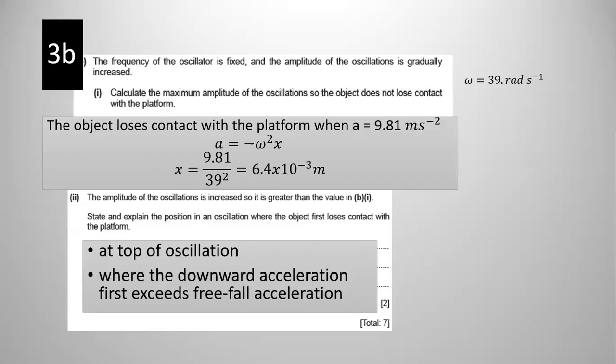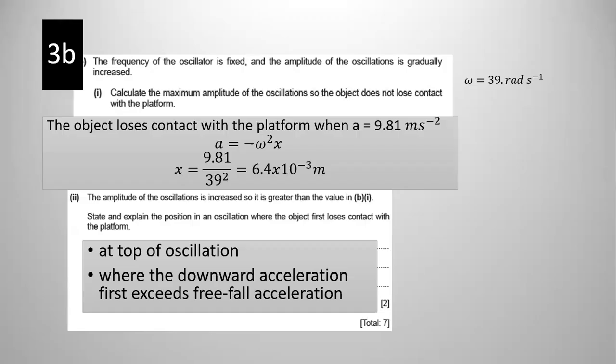I don't know why they say at the top, the bottom also can. The object cannot catch up, that's the reason. The acceleration of the platform is greater, so it is moving faster than the object.